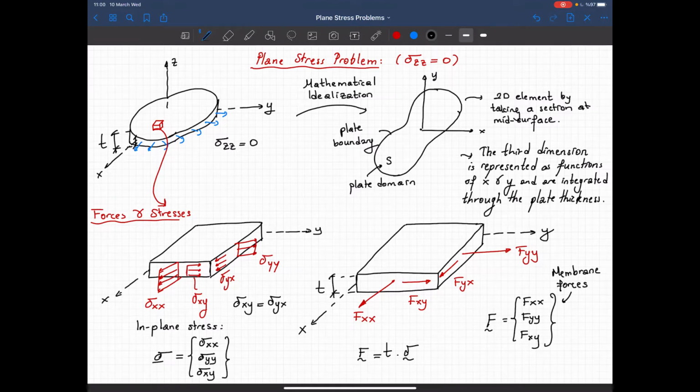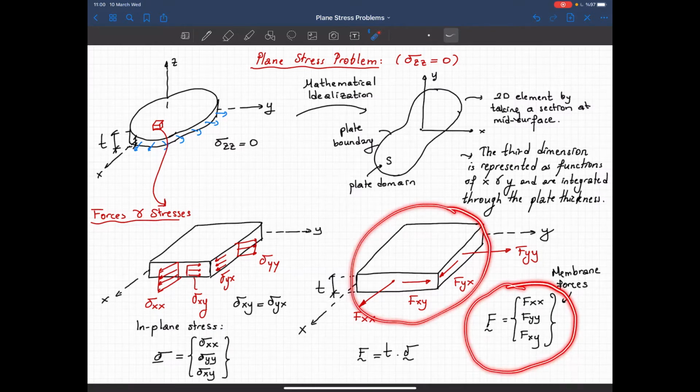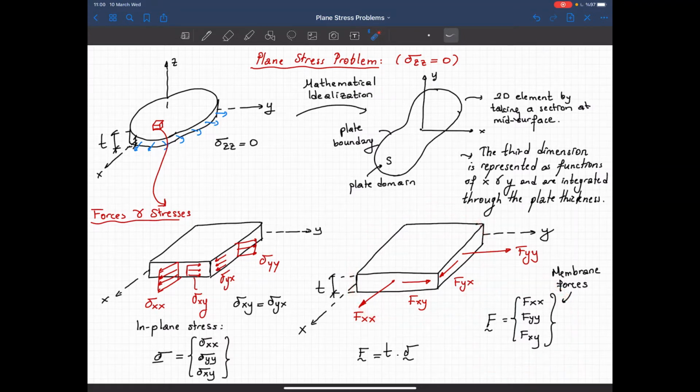One important note here is about these internal forces. Remember that these forces are defined for an infinitesimal element, so their units are different than the forces that we know for one-dimensional elements. The units are, let's say, kilonewtons per unit length.